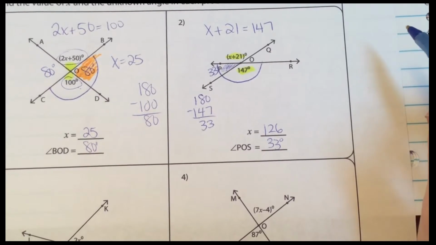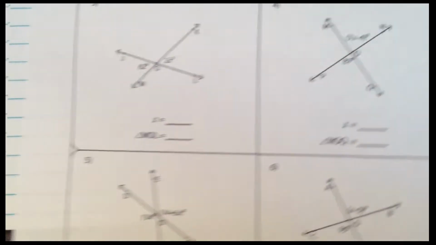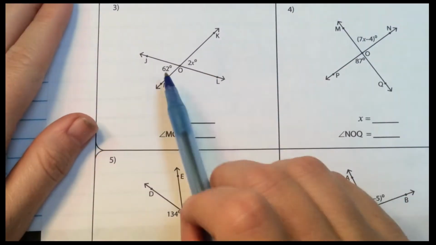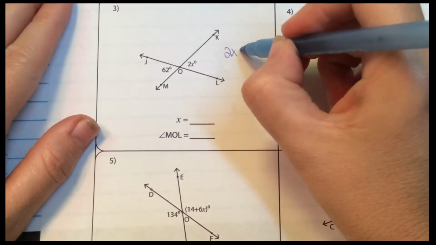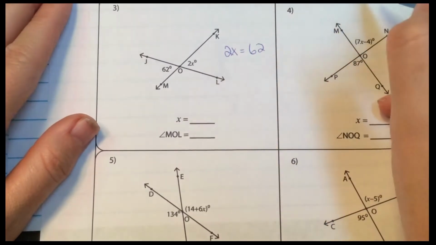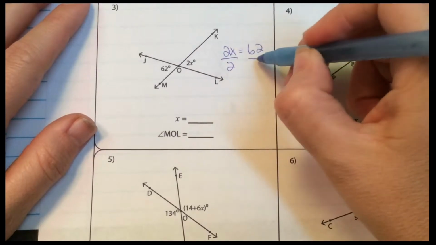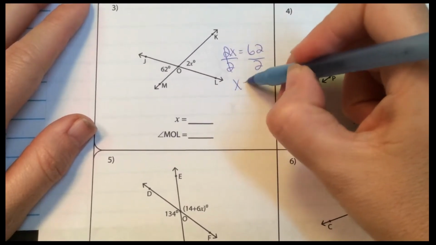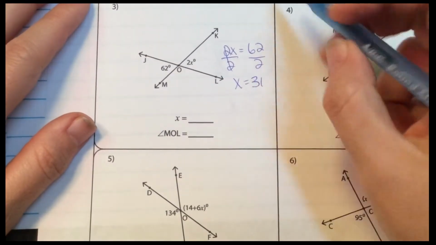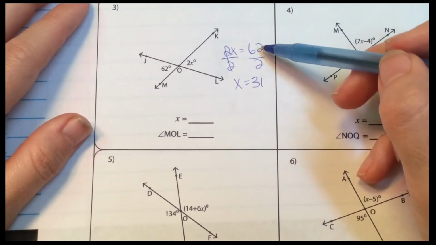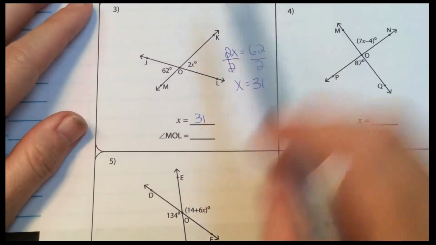Let's do 2 more at least. All right, so I'm going to set these equal to each other. 2x equals 62. I can do the work on this one because this doesn't require a lot of work. I'm going to divide by 2 and I'm going to get 31. X is 31. 62 divided by 2 is 31. So let's read the question.